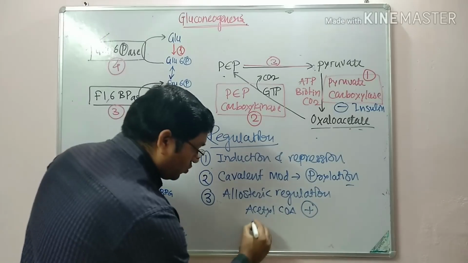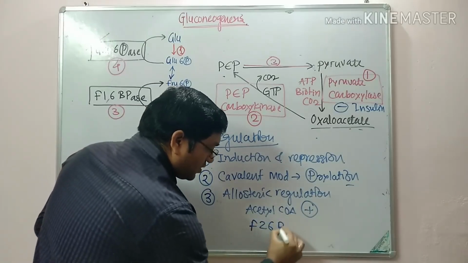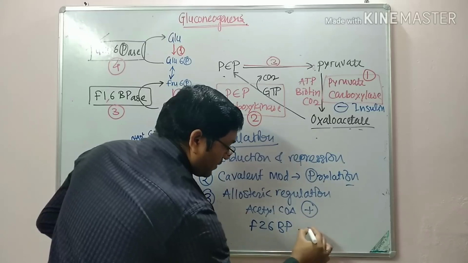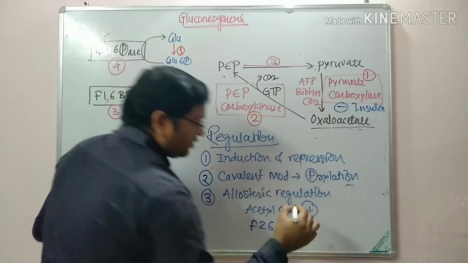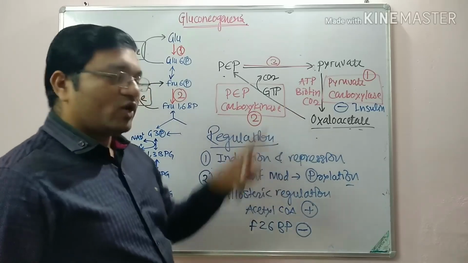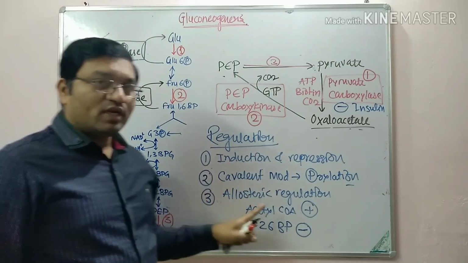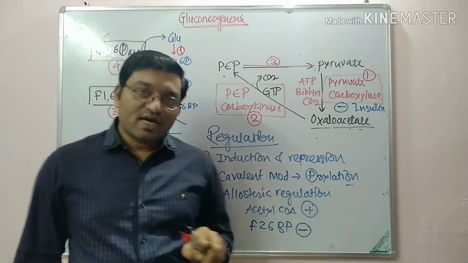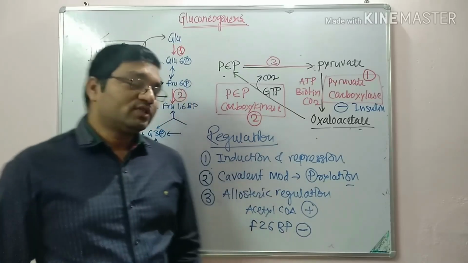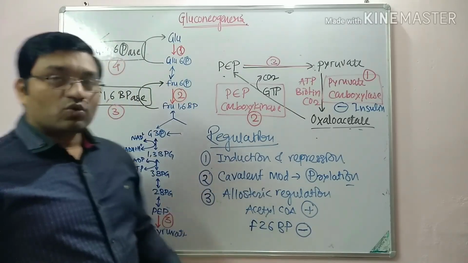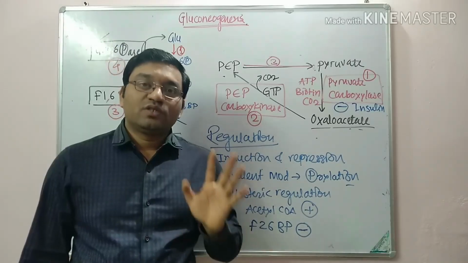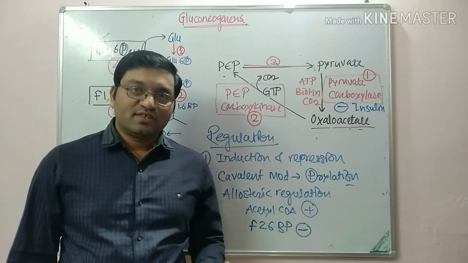And second, fructose 2,6-bisphosphate is an allosteric inhibitor of the gluconeogenic enzyme fructose 1,6-bisphosphatase. In this way, gluconeogenesis is regulated. 6 ATPs are utilized per molecule of glucose synthesized in gluconeogenesis. So this is all about gluconeogenesis.